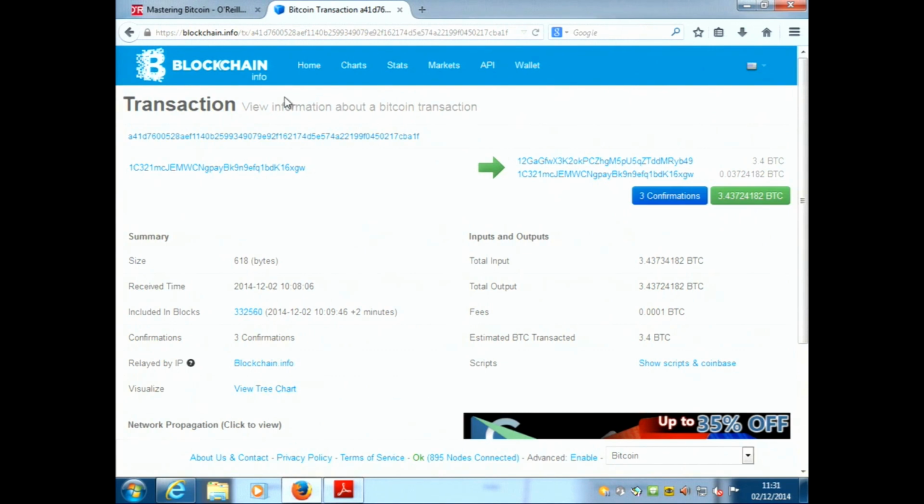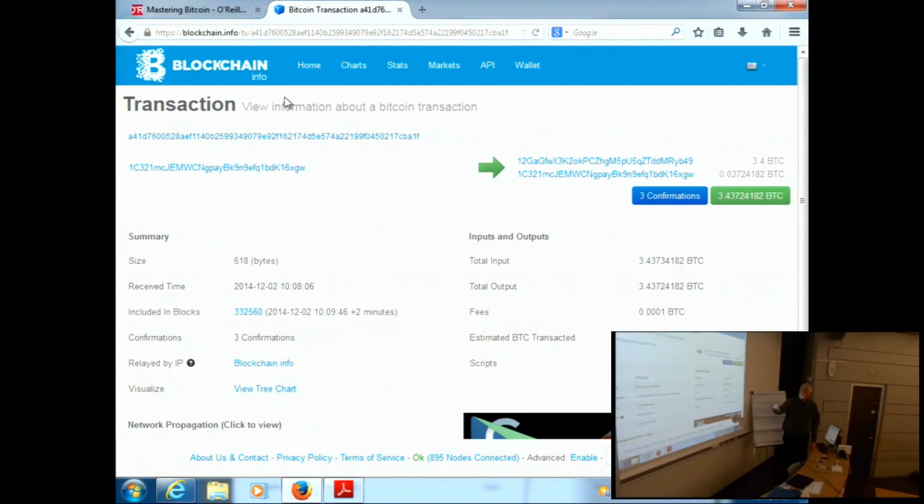Now, Bitcoins are just like money in the sense that they're really like coins. So if this represents something like a 10 franc bill, you send it over here, and guess what? You expect change back. So notice that this address is the same as this address.